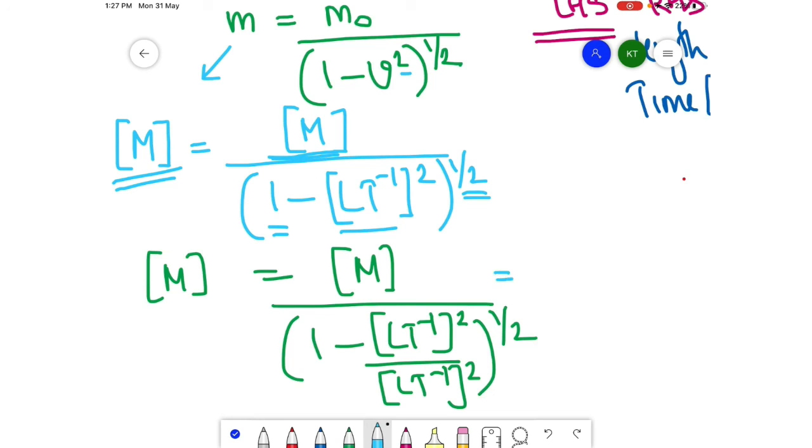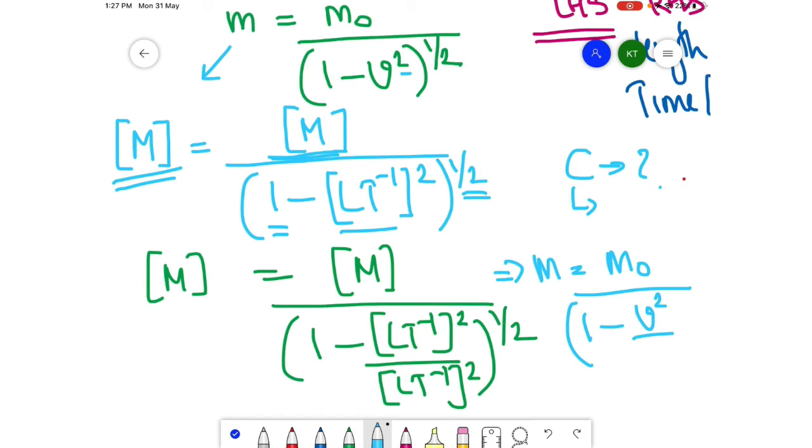So how do you write this? In terms of the actual units, it will be m is equal to m0 divided by 1 minus v square divided by, we needed to know where to insert c. c is also the speed of light, that is LT raised to minus 1.